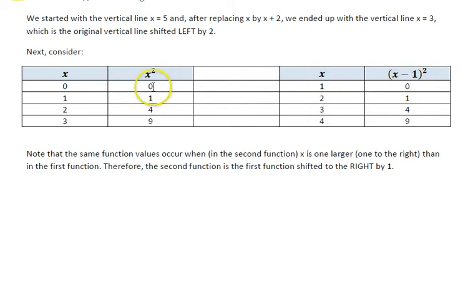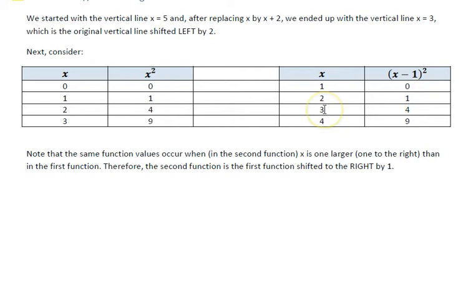To get the same values as x squared, the 0, 1, 4, and 9, that would happen for x's of 1, because 1 minus 1 is 0, and 0 squared is 0, and 2 minus 1 is 1, and 1 squared is 1, and 3 minus 1 is 2 squared is 4.